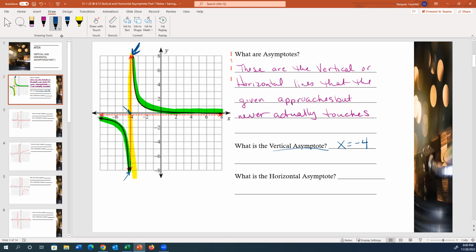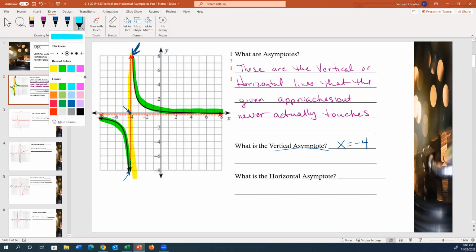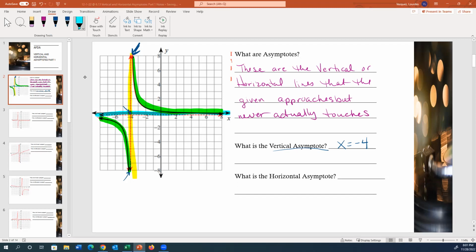At the same time, there is what we call the horizontal asymptote. That's the line that these two green ones will approach, but never, ever touch. You see here how the green line is trying to approach that dotted line. That dotted line, never going to cross it. That dotted line is a horizontal asymptote. So we follow that horizontal line to see where it crosses the y-axis.